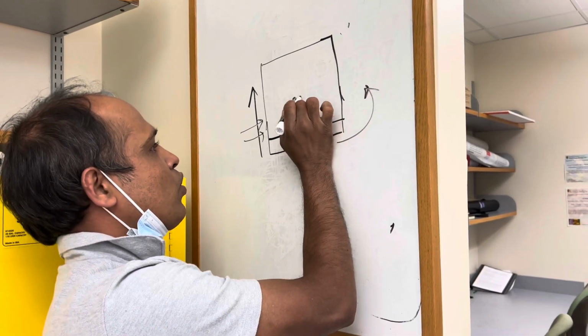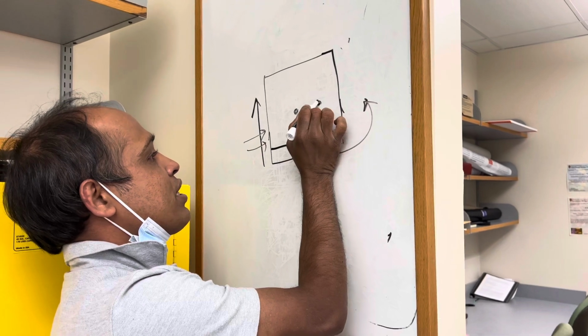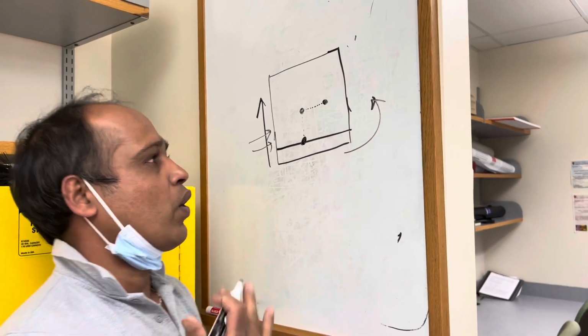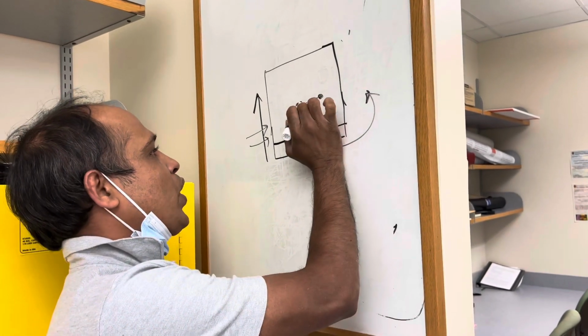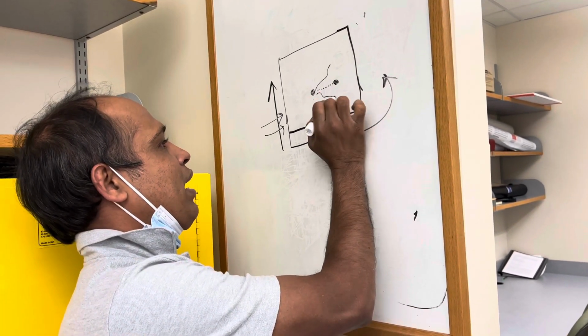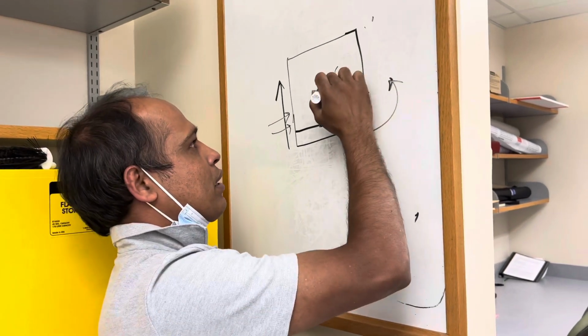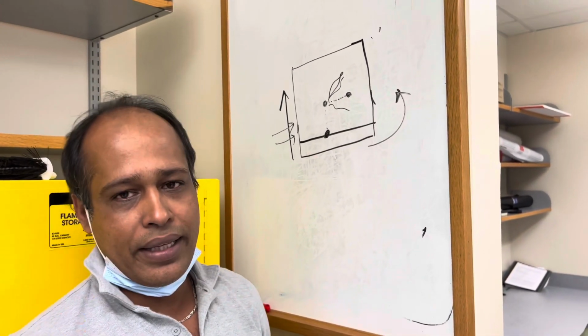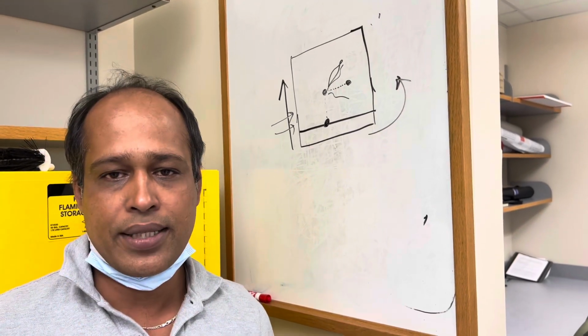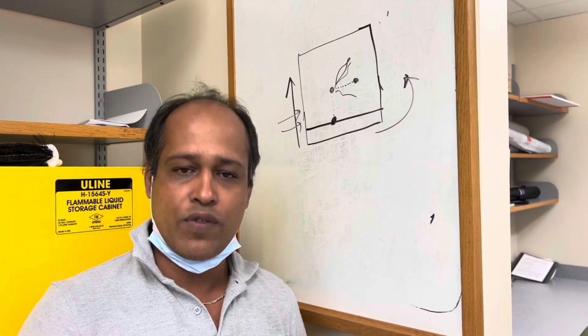If your compound moves again in a straight line, then you can think, okay, my compound is stable in the silica gel. But if it goes this way or that way, or with some kind of tailing, that means this compound is not stable in the silica, so you shouldn't use silica gel for the column.